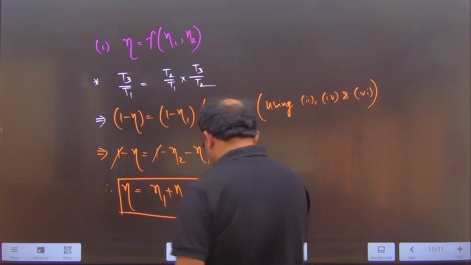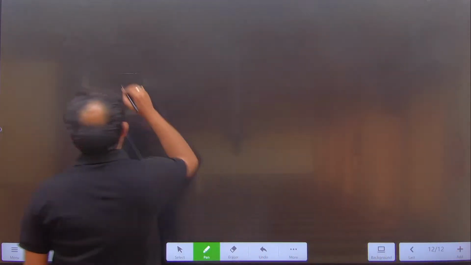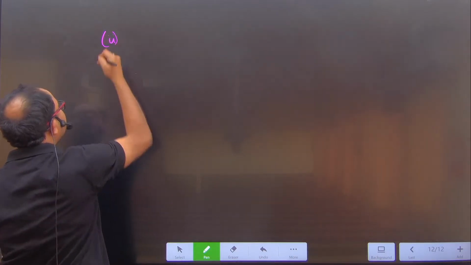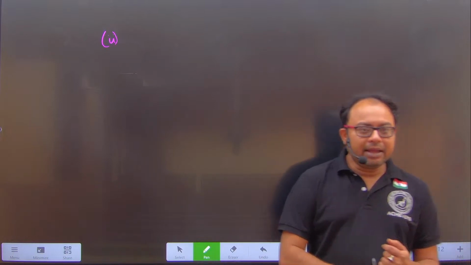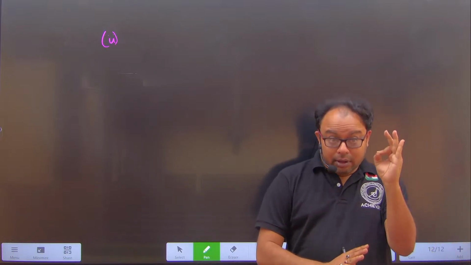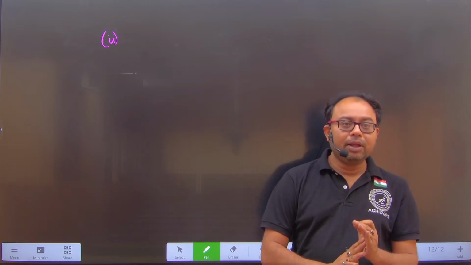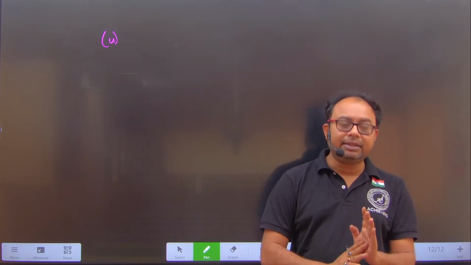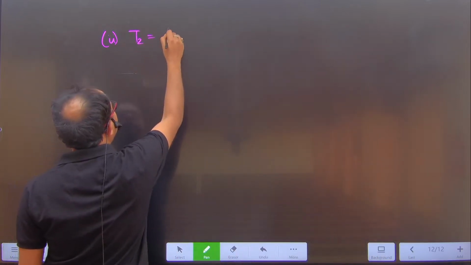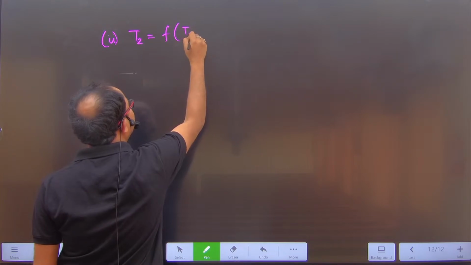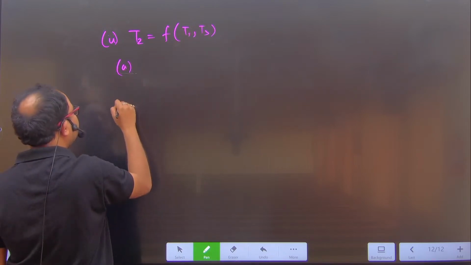Now we will move on to the next question. You have to find out the expression of T2 in terms of T1 and T3 under two constraints.